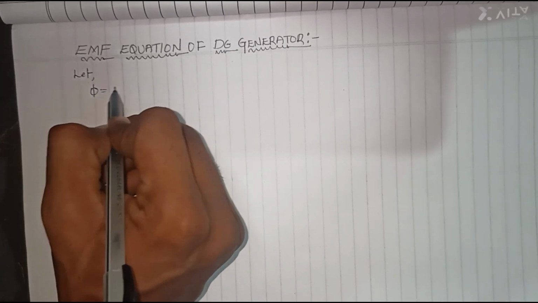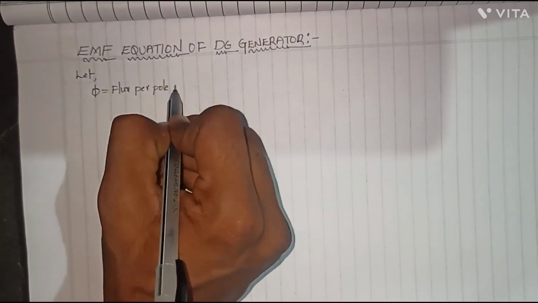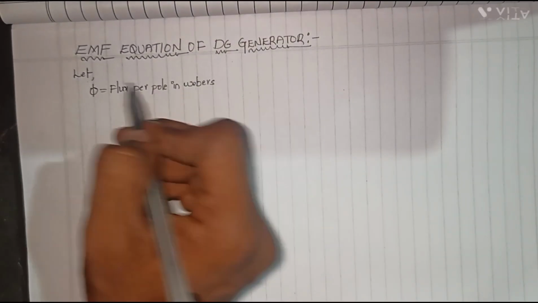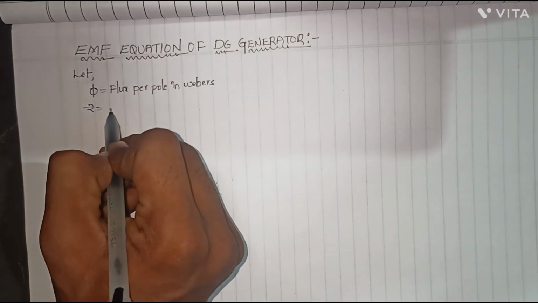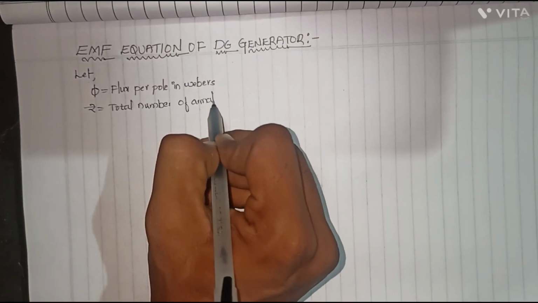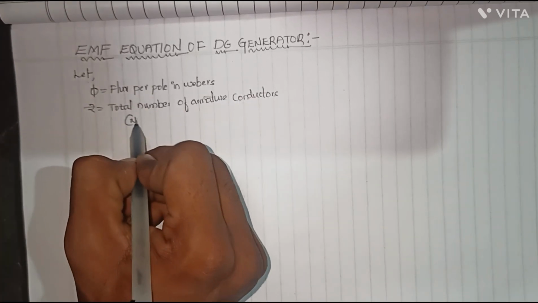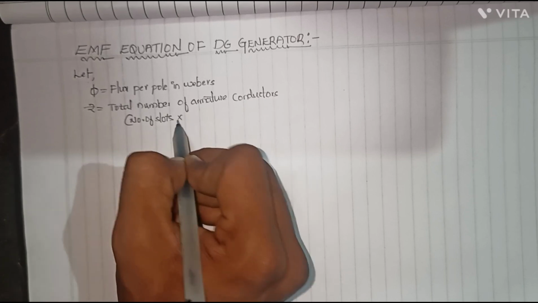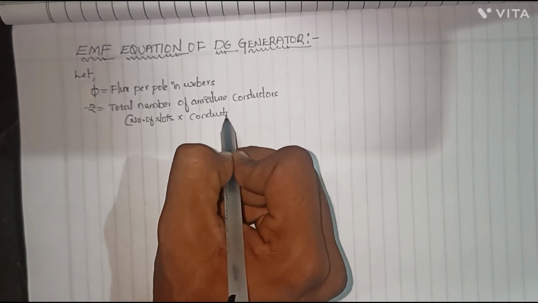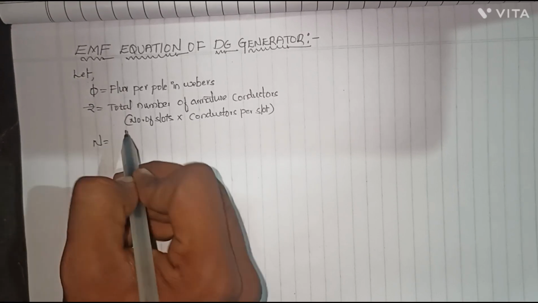Now the EMF equation of a DC generator. Phi equals flux per pole in Webers. Z equals total number of armature conductors, number of slots into conductors per slot.